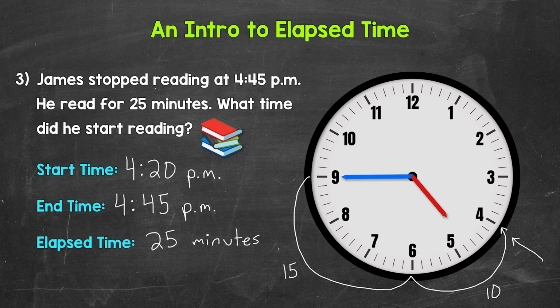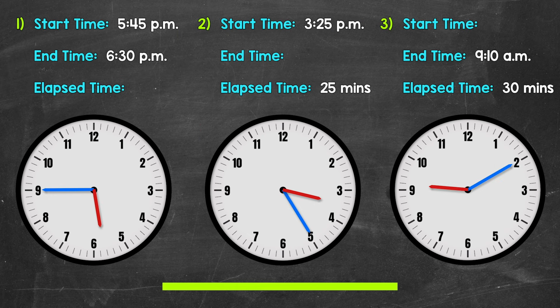So now that we've gone through some examples together, it's time for you to try some practice problems on your own. So have paper and a pencil ready. Here are your practice problems. Find the elapsed time for number 1, the end time for number 2, and the start time for number 3.